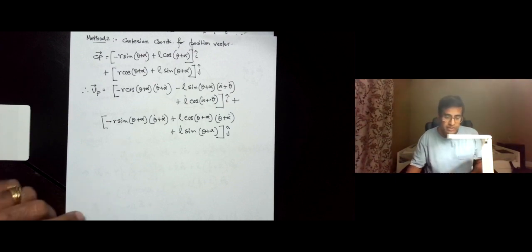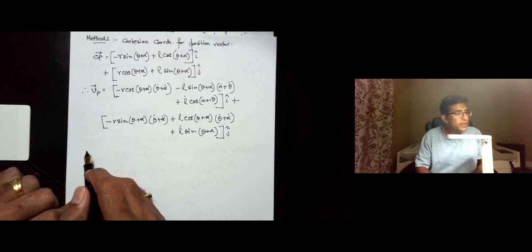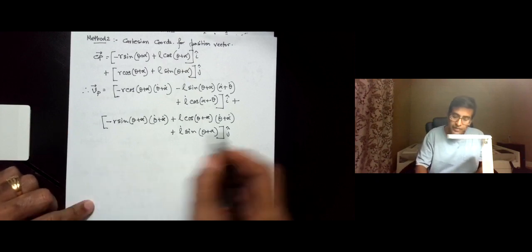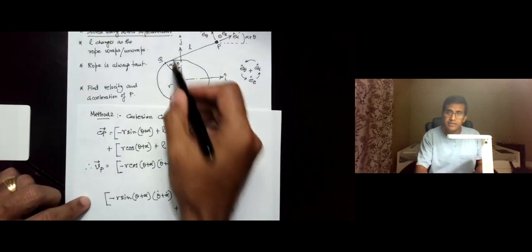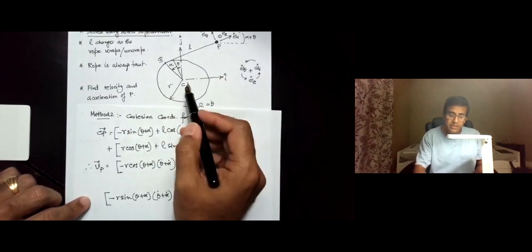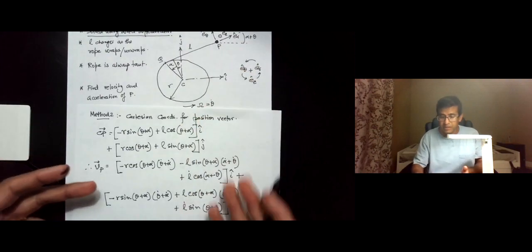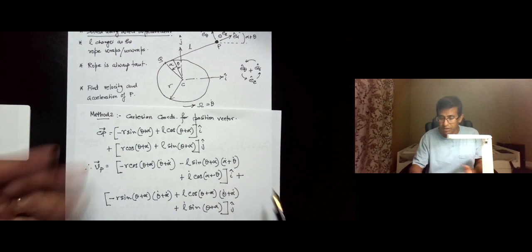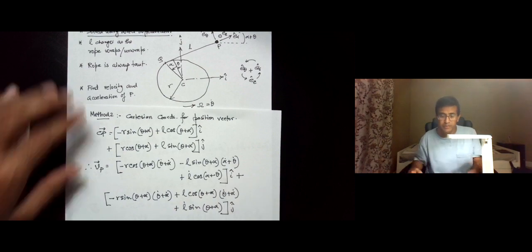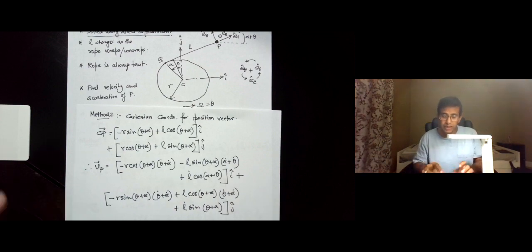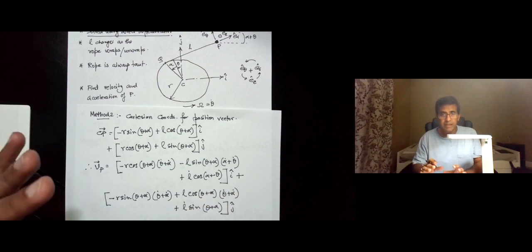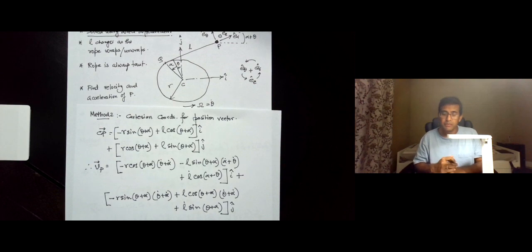Now in video 16 we had shown that these unit vectors i and j can be expressed in terms of er and e theta. Well, this is the velocity expression. You can substitute for alpha and theta dot, but what we want to do at this point is show that the expression we have here is exactly the same as the expression that we had with er and e theta as the unit vectors.